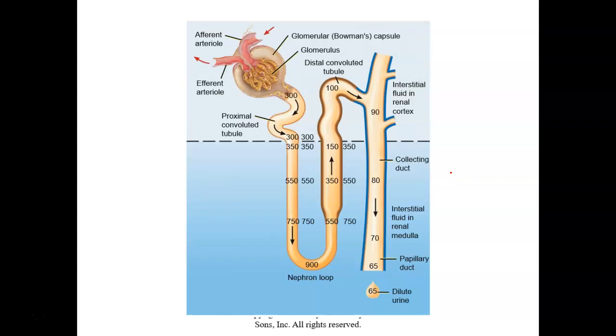So we need to try to make that urine as dilute as possible, carrying as few of those solutes as possible. Just because we drank 8 glasses of water, so we need to get rid of a large amount of water, that doesn't mean we need to get rid of large amounts of sodium, glucose, potassium, chloride, etc.